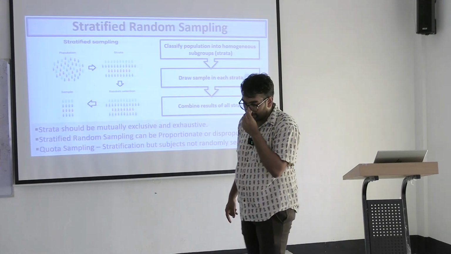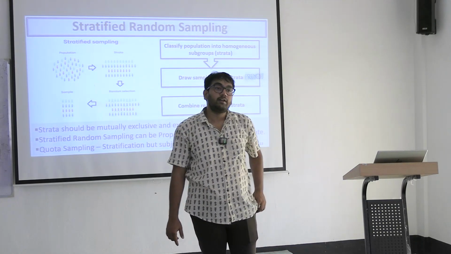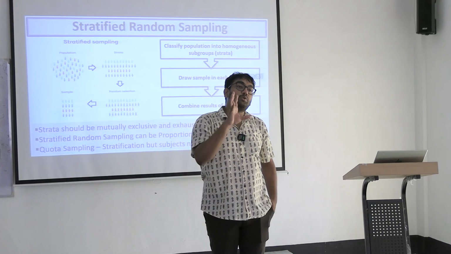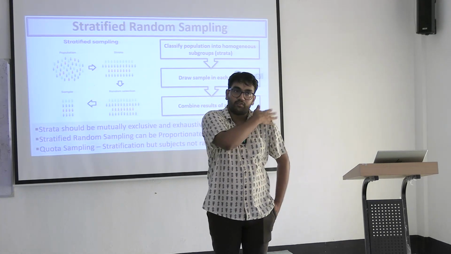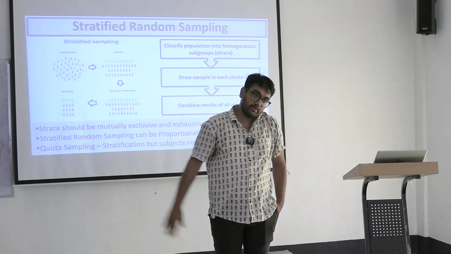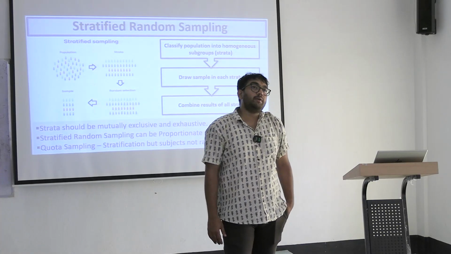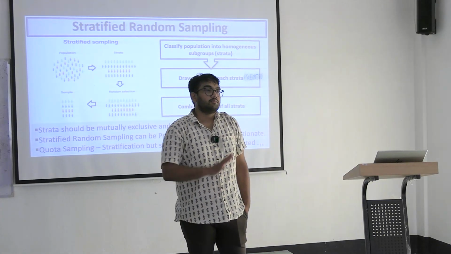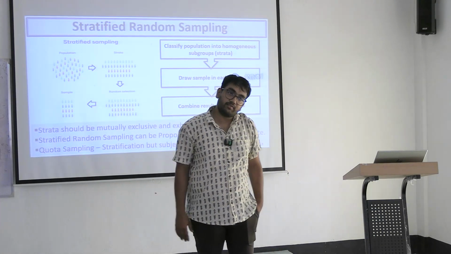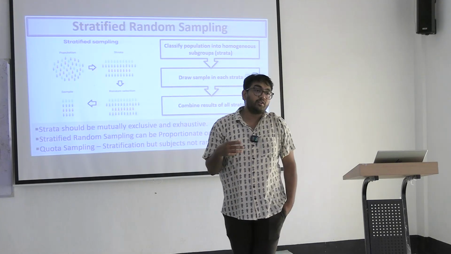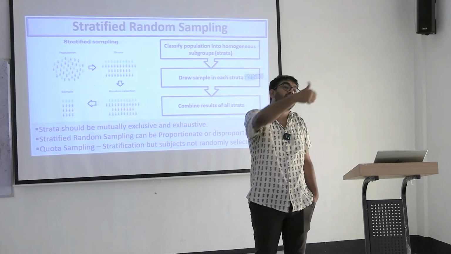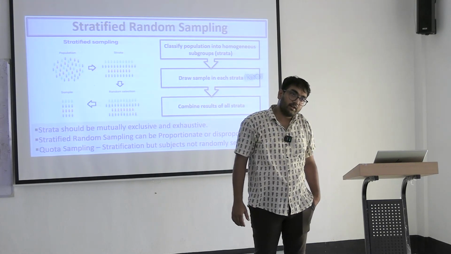For example, suppose I want to study the immunization vaccination coverage in one district. Now there are maybe 4,000 villages in that district. It is not feasible to cover every village, isn't it?